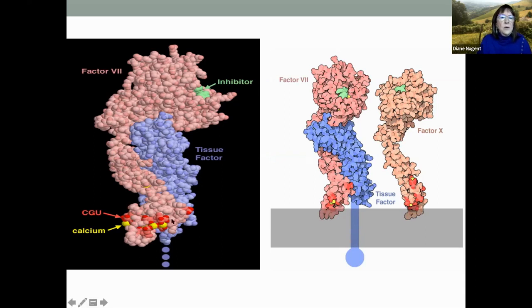The thing I want to show you here, though, is look at all the different places that the factor VII contacts the tissue factor. So if you have a variant or a mutation in your factor VII protein and you don't cup or bind that tissue factor as well as you should, you might have problems with activation.